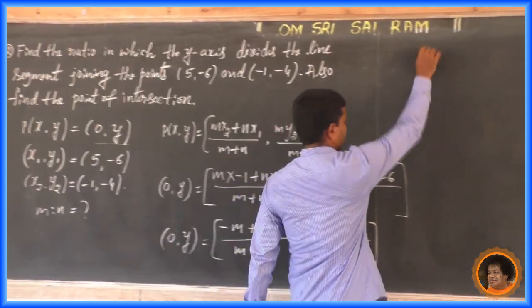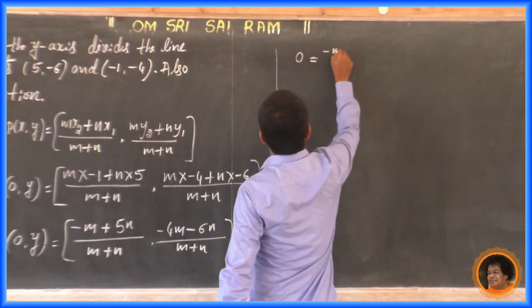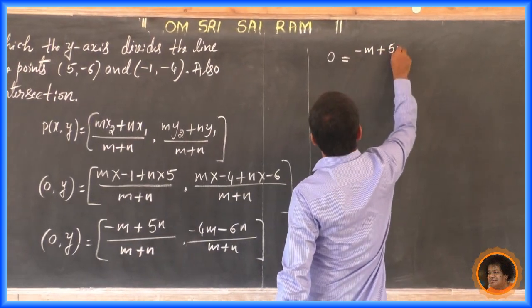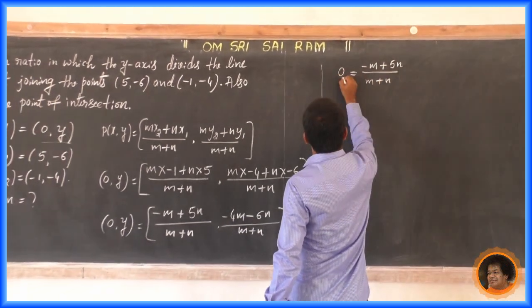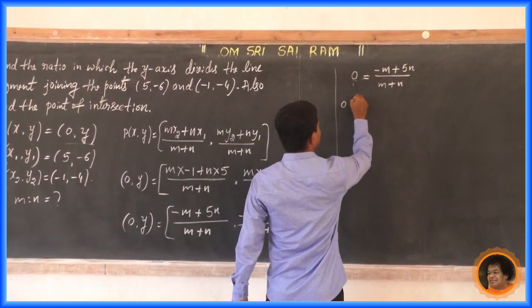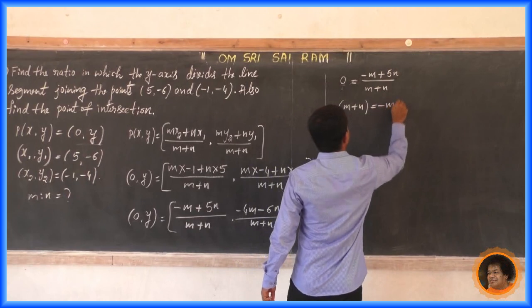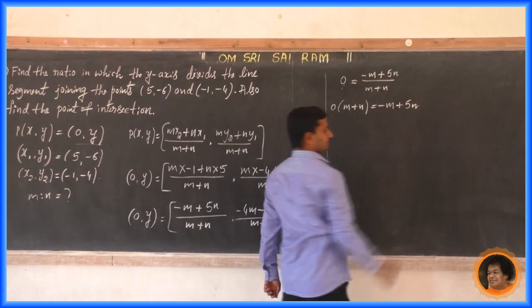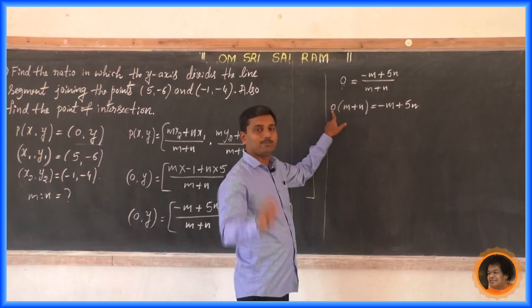So first one, 0 equal to minus m plus 5n divided by m plus n. So here divided by 1. Now cross multiply. So it becomes 0 into (m plus n) equal to minus m plus 5n. So any term multiplied by 0, the product is 0.